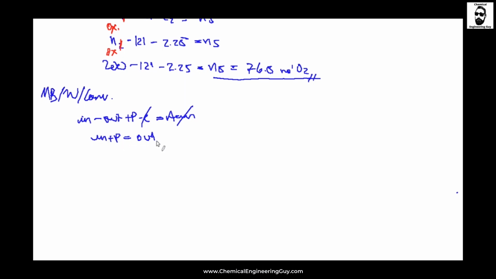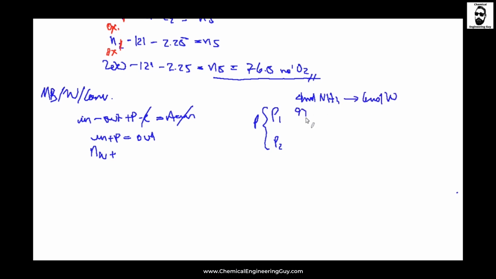Inlet plus production equals outlet. The inlet, I told you once again, is N2, or let's use N water. Plus production. The production, I told you, is P1 and P2. So from P1, 4 moles of ammonia will give me 6 moles of water.